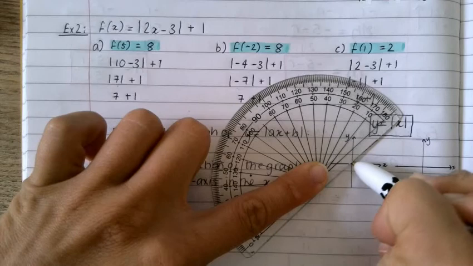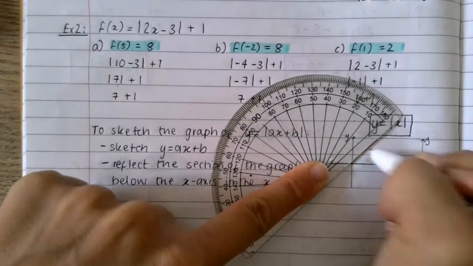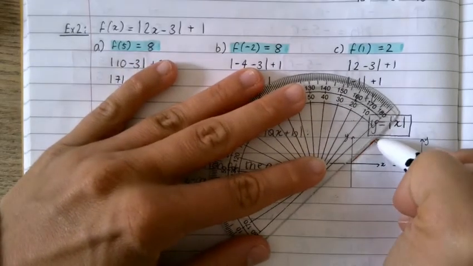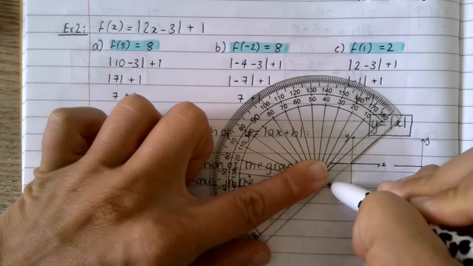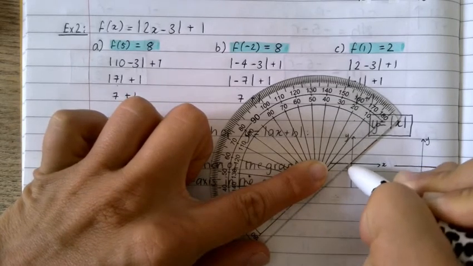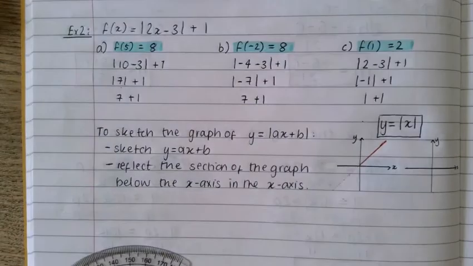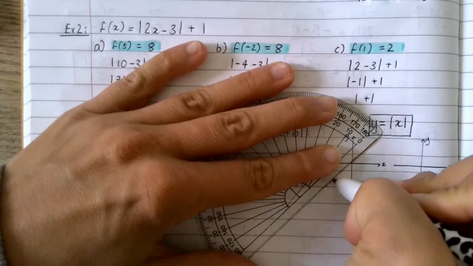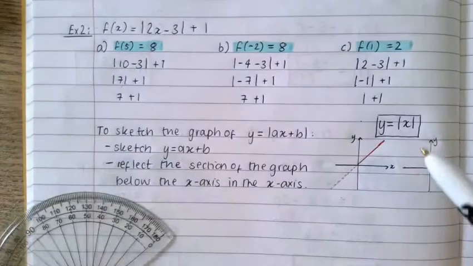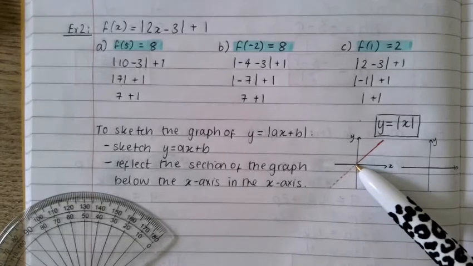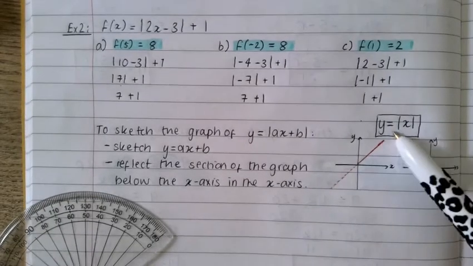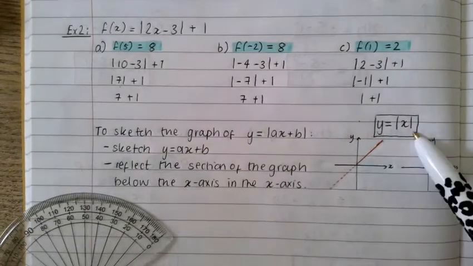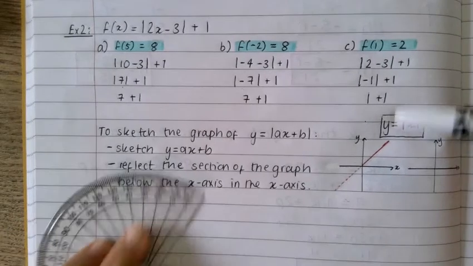When I start to move below the x-axis, I change my solid line, so this is a solid red line at the moment, I change it to a dotted line because I know that for the modulus function, I'm actually not interested in this part of the graph below the x-axis. As soon as I start to move below the x-axis, I change that into a dotted line because yes, this is the graph of y equals x, but I'm aiming to sketch the graph of y as the modulus of x. And then what I do is I follow the next step.